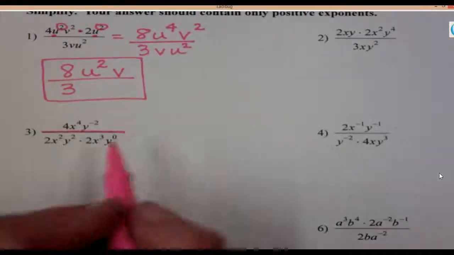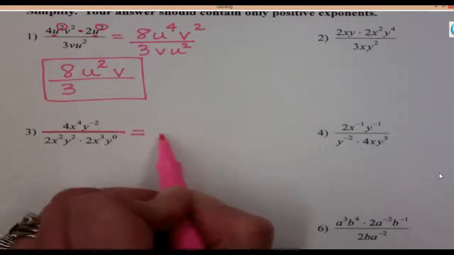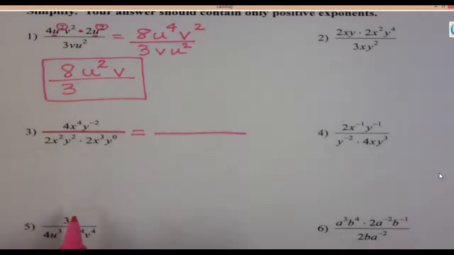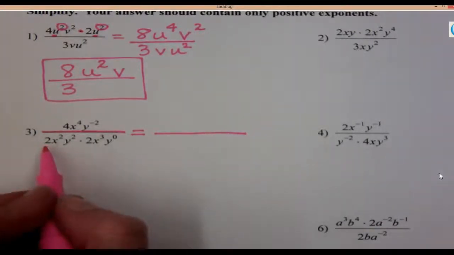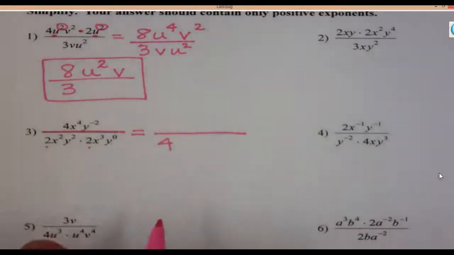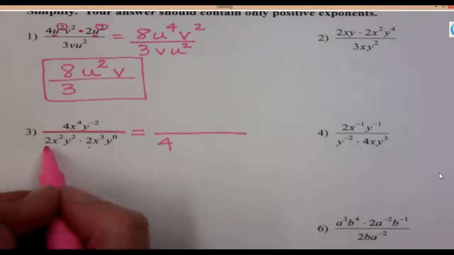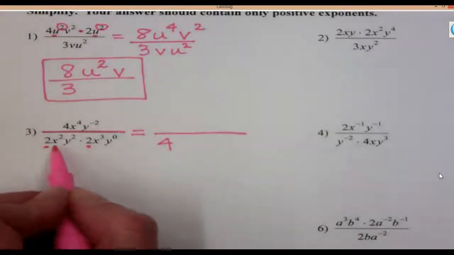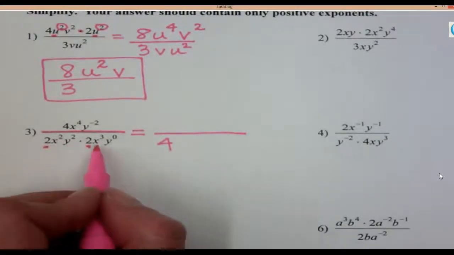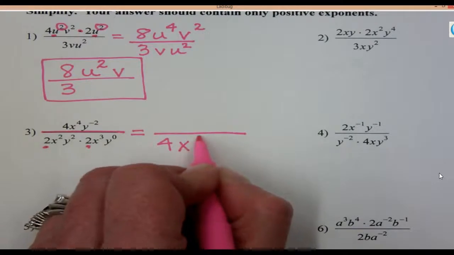So I'm going to first simplify my denominator. I'm going to multiply my 2 times my 2 and get 4. Then I'm going to look at my x's. Remember, I'm adding the exponents. So x squared, x to the 3rd, I'm going to be left with x to the 5th.